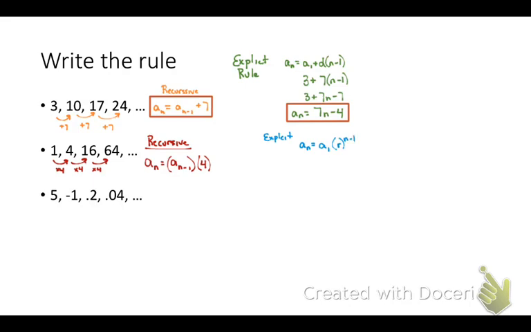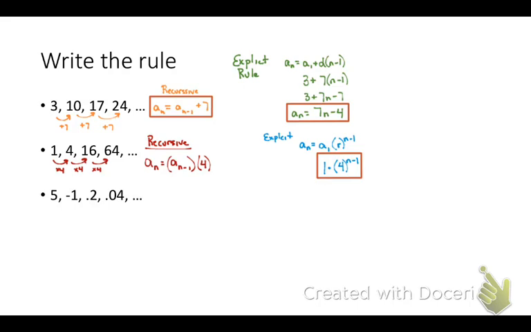Well, what's my first term? 1. So I would have 1 times 4 to the n minus 1 power. What number does it share? The 4.